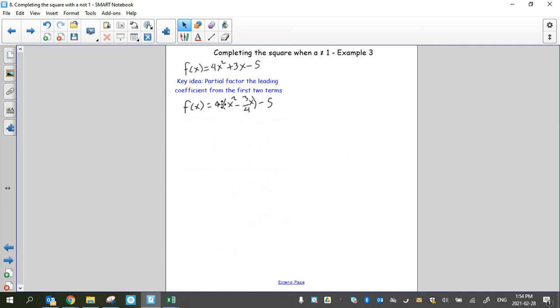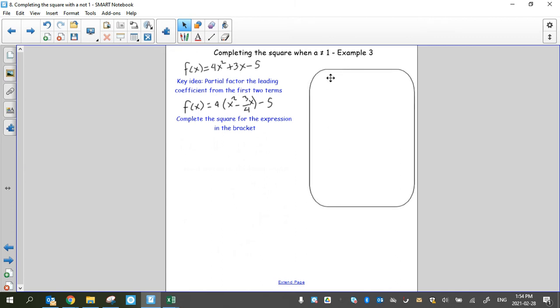So now I'm going to complete the square for this expression in the bracket. I need to recall here that I need to do half of 3/4. So 1/2 of 3/4 is 1/2 multiplied by 3/4, which is 3/8. That is going to be our term inside the bracket.